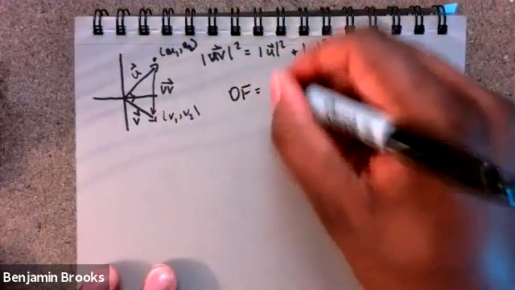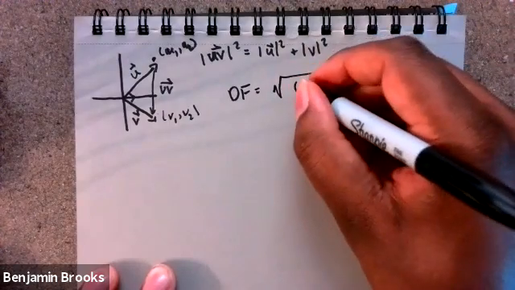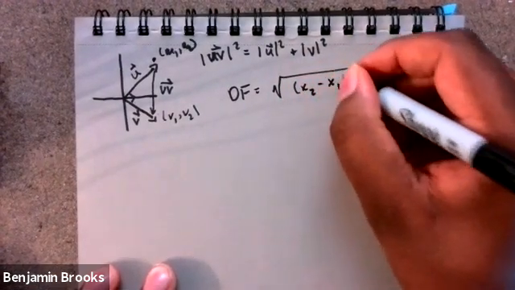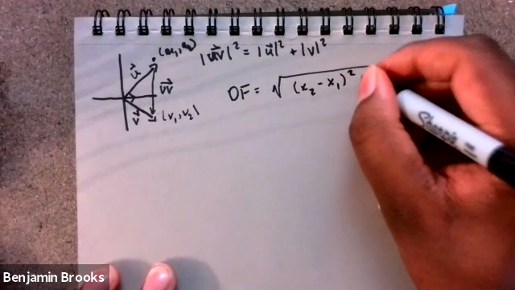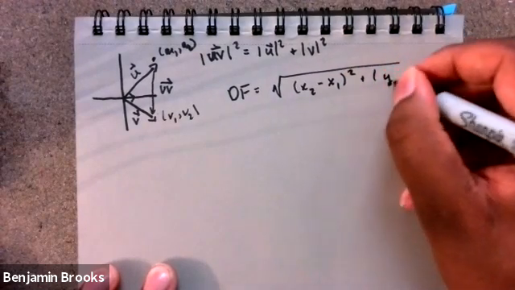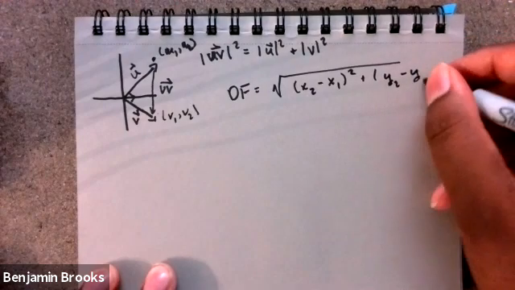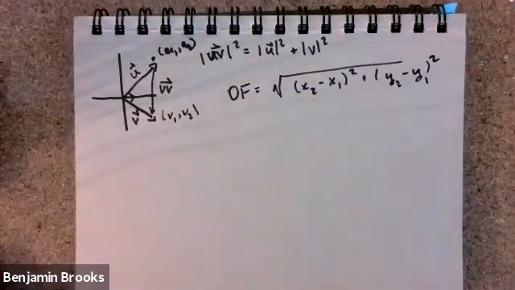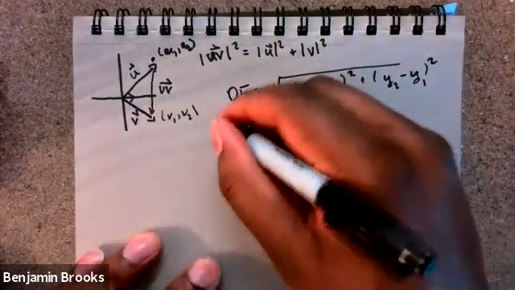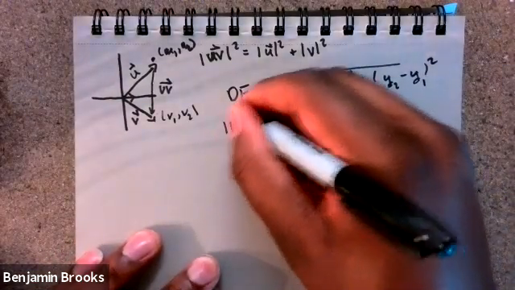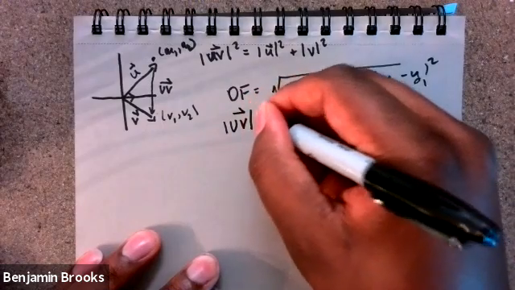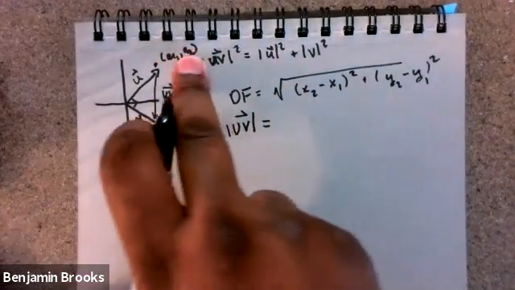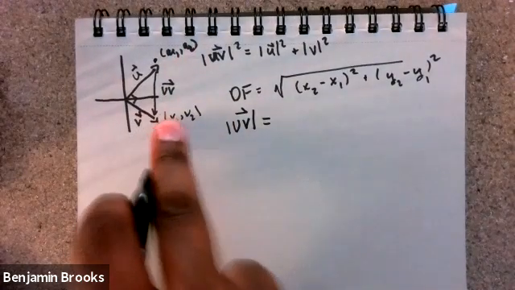right? And remember, the distance formula is the square root of (x2 minus x1) squared plus (y2 minus y1) squared. So let's just look at it in terms of its distance, right? So we could say the magnitude of UV, in other words, the length of this right here, is just the distance between this point and this point down here.